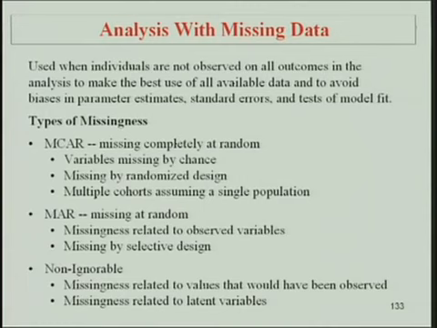That is then non-ignorable, and it's harder to work with. But we're going to present you with some techniques for non-ignorable modeling. Most of the statistical software draws on MAR, which is a much more useful assumption or way of proceeding than MCAR, certainly.